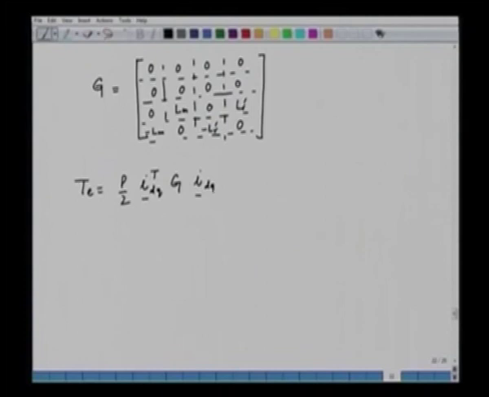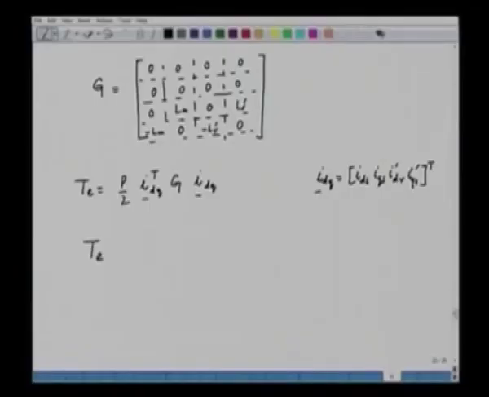So I dq is equal to IDS, IQS, IDR, IQR transpose. These are the various currents. Now if you pre-multiply this and post-multiply this, we can find out the expression for the torque.